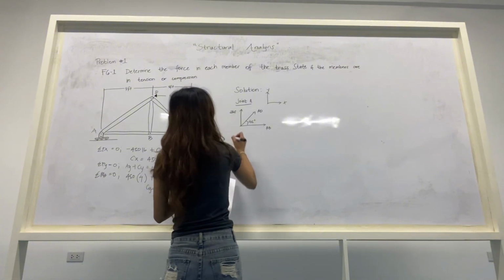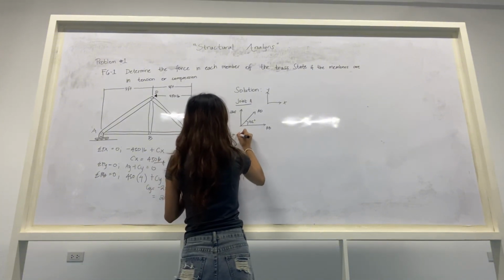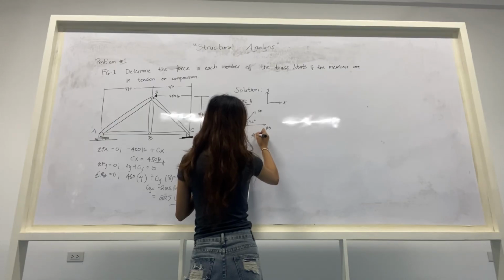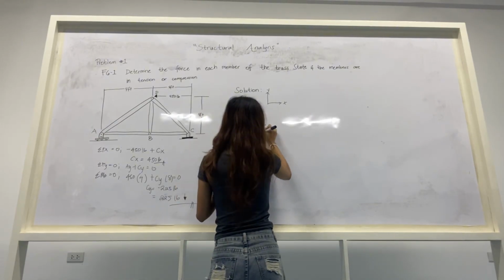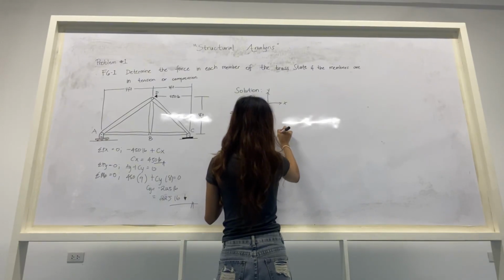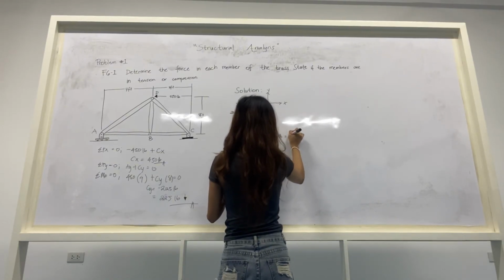For the next, the summation of x is equal to 0. AB square root of 2 divided by 2 plus AB is equal to 0.